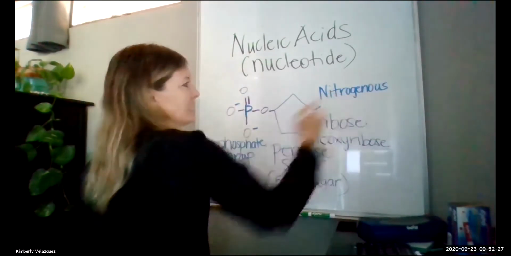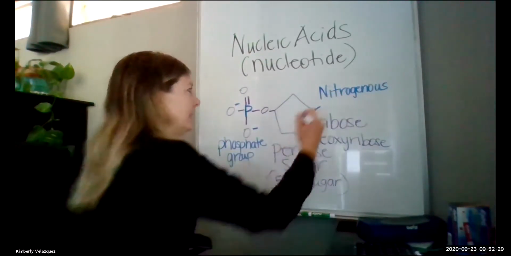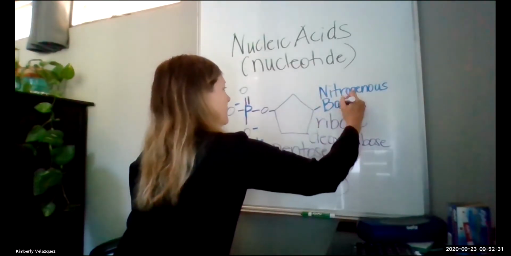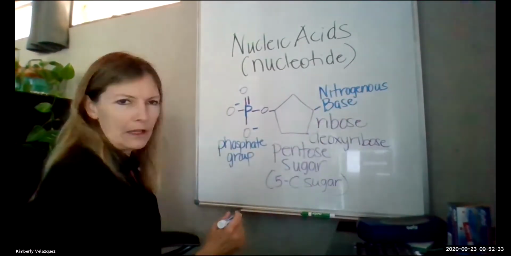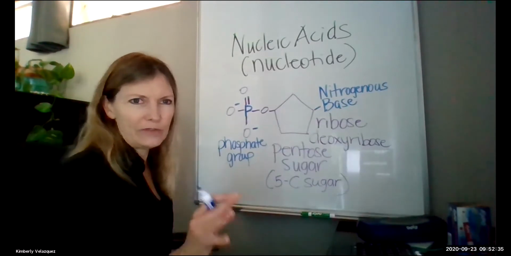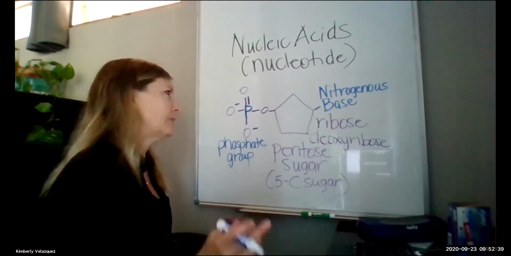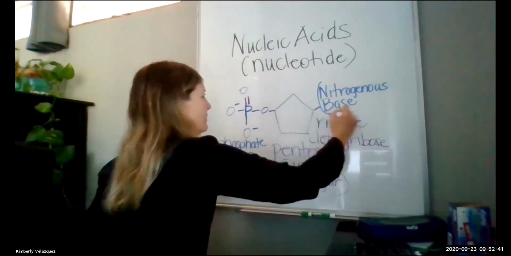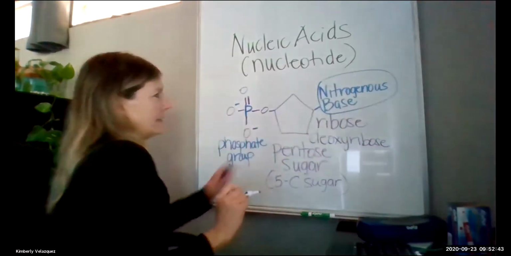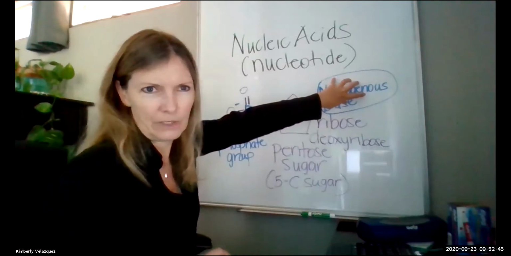So nitrogenous means it has nitrogen as part of it. And it's really going to be one of 4 different bases, depending on if we're looking at DNA or RNA or ATP or ADP. And you'll learn that later too, but this will be some other molecule here.